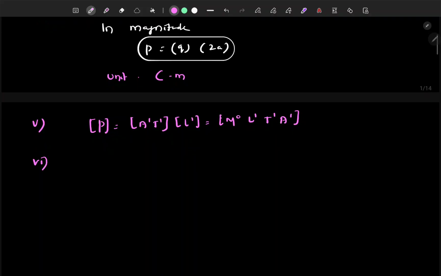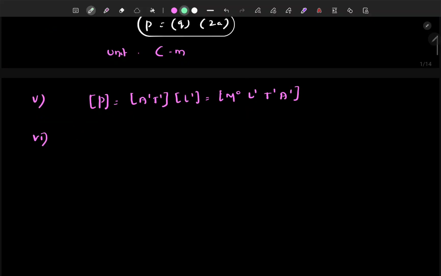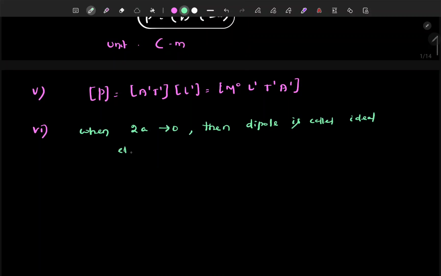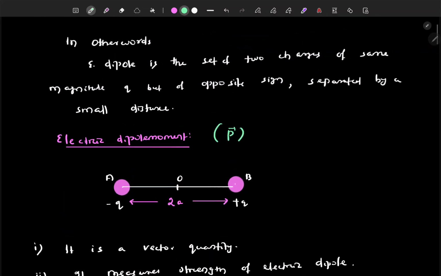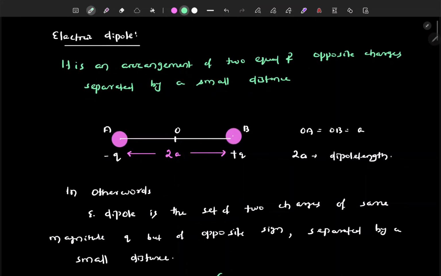Then in point number 6, when the dipole length 2a tends to 0, then the dipole is called ideal electric dipole.